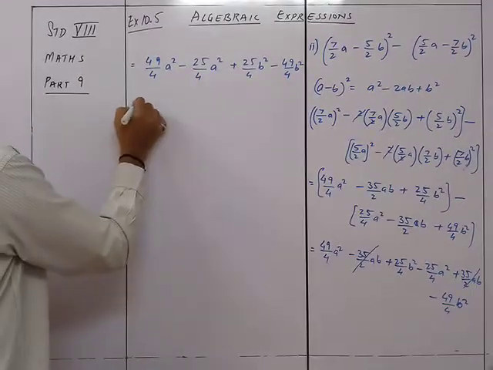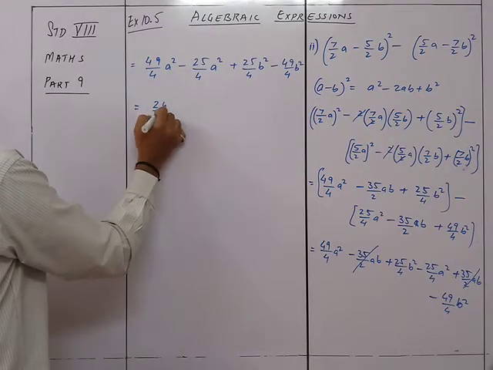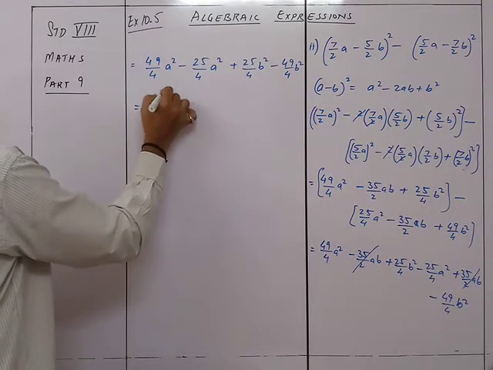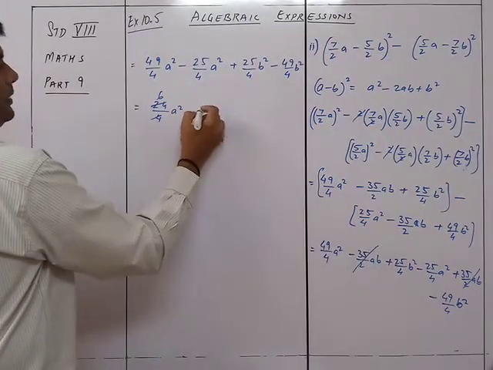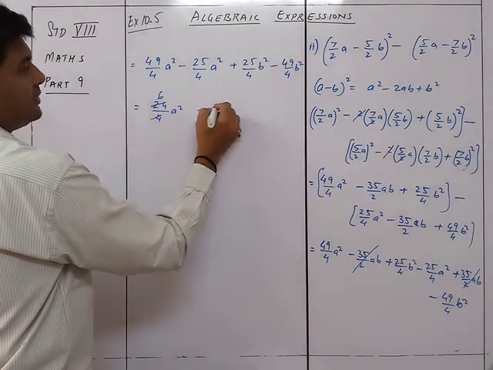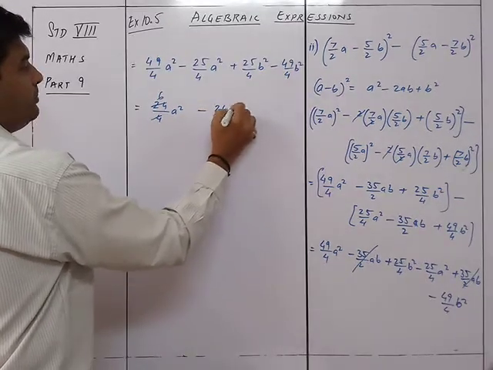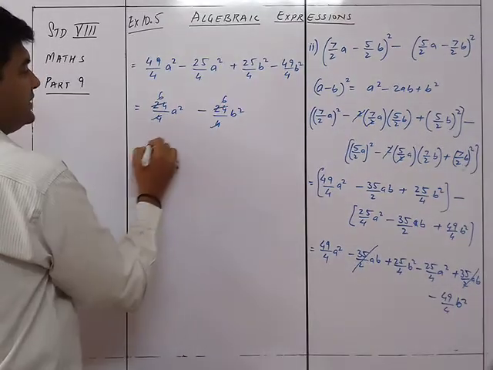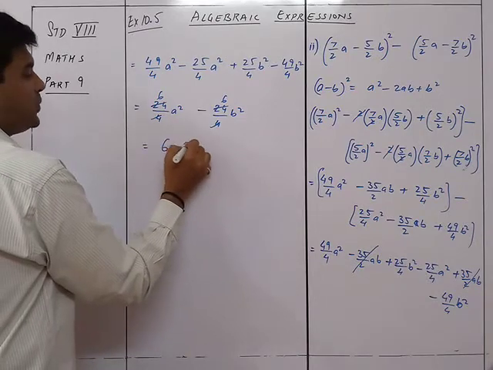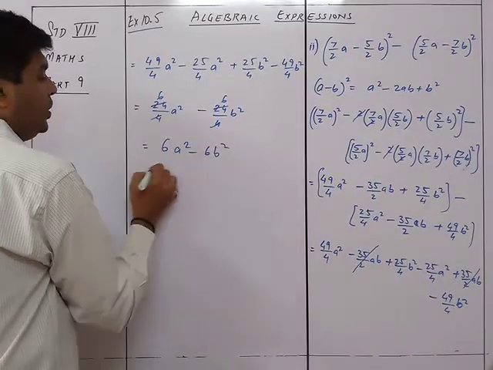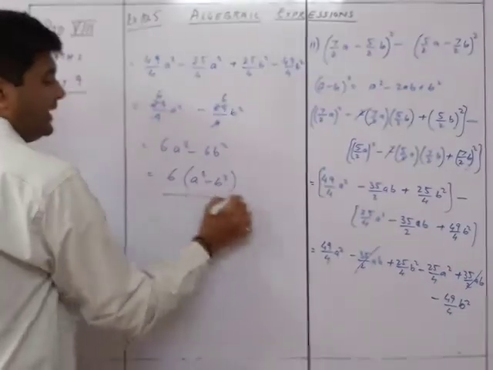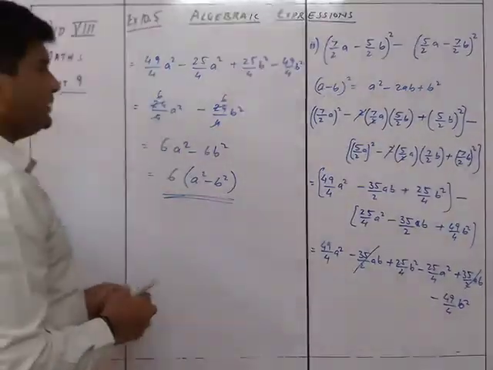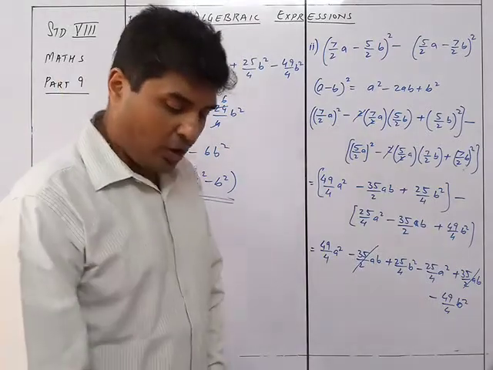Now this becomes 24 upon 4a square, that is equal to 6, and this is minus 24 upon 4b square, again that will be 6. Accordingly it will be 6a square minus 6b square, or we can say 6 common, a square minus b square, as the answer to this particular question number 7, second part.